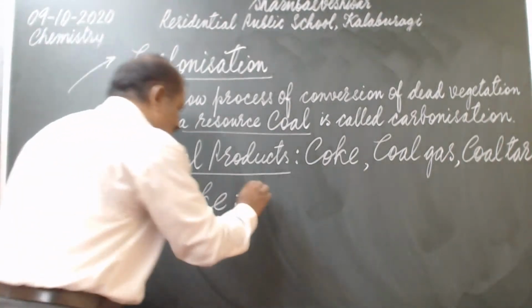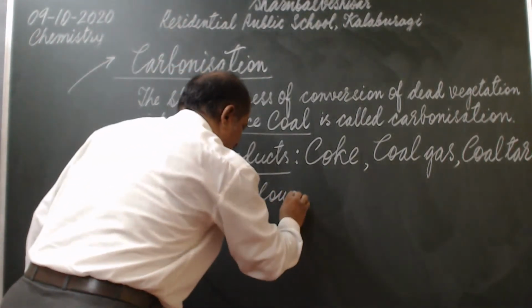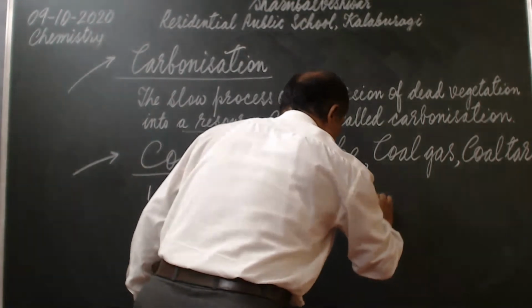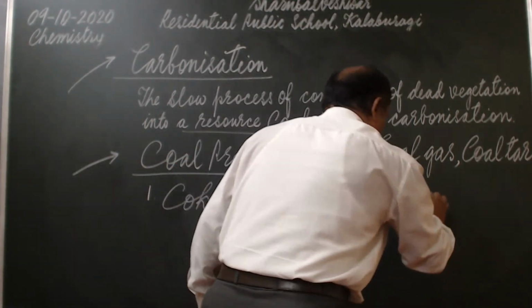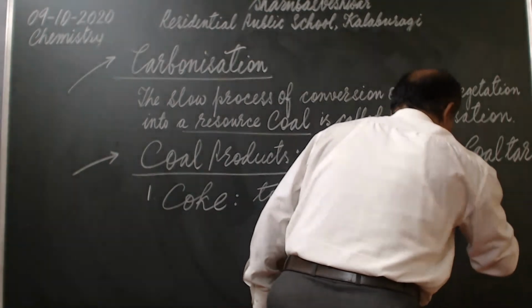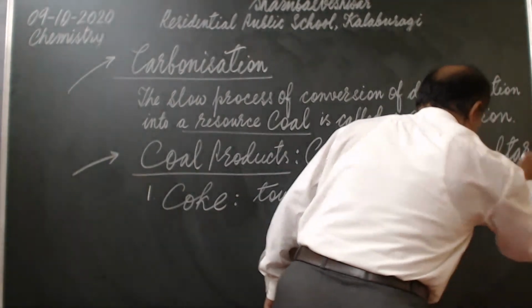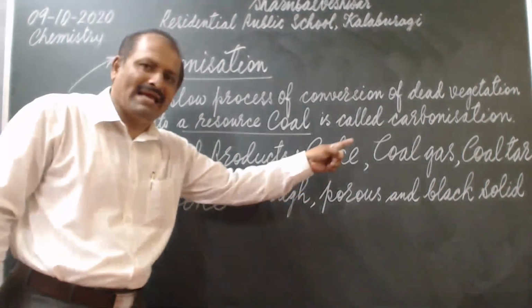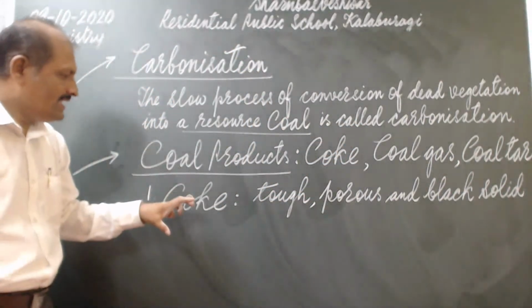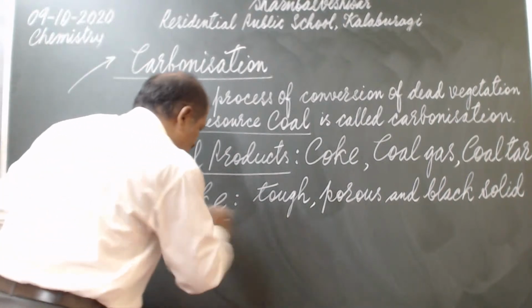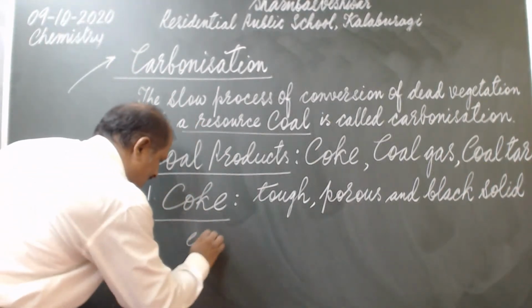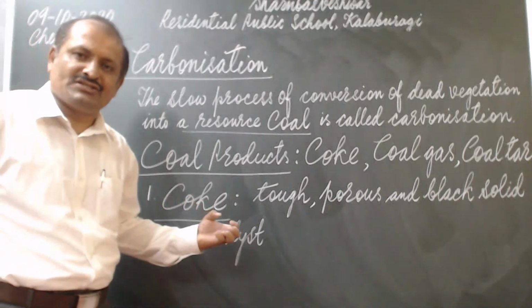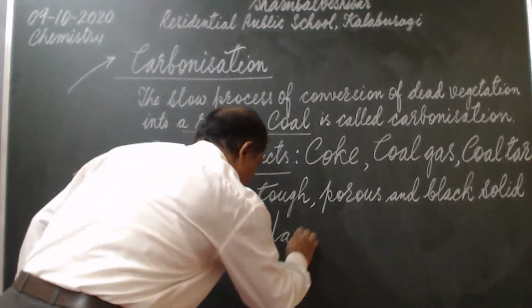Coke is a tough, porous, and black solid. See, this coke plays an important role, right? It is used as a catalyst. It is used as an absorbent.